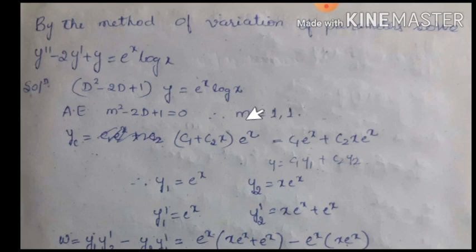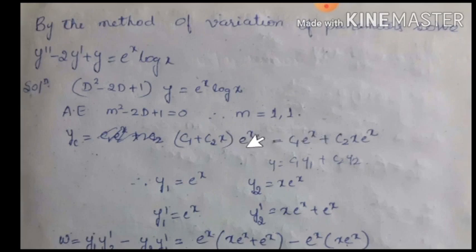Okay, so you know how to write the complementary function when roots are the same and repeated. So (c1 plus c2 x) into e to the power of x. Here, to apply the variation of parameter method, I need to find y1 and y2 from the complementary function. y1 is the coefficient of c1, y2 is the coefficient of c2.